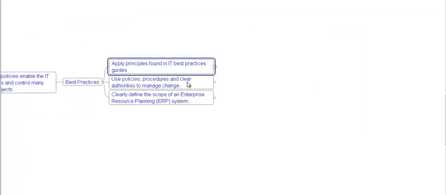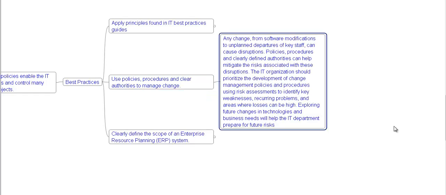Use policies, procedures, and clear authorities to manage change. Any change, from software modification to unplanned departure of key staff, can cause disruption. Policies, procedures, and clearly defined authorities can help mitigate the risk associated with this disruption.